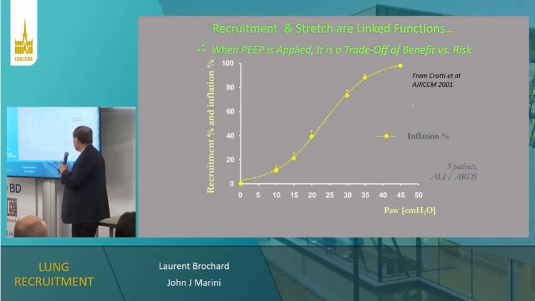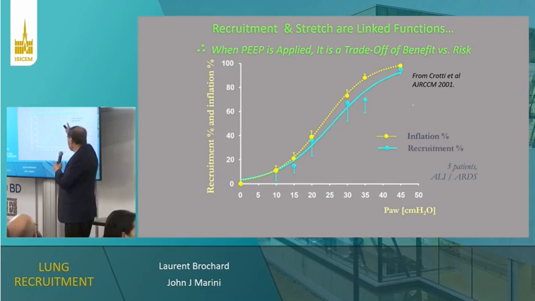If we look at the relationship between the inflation percentage and the recruitment percentage, some people have only 5 or 10% of their lung recruitable in this blue line, but it follows a similar curve to the percentage of inflation of the lung itself. They're sigmoidal in their aspects.